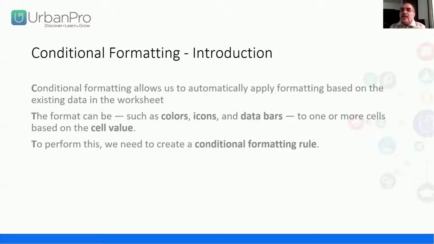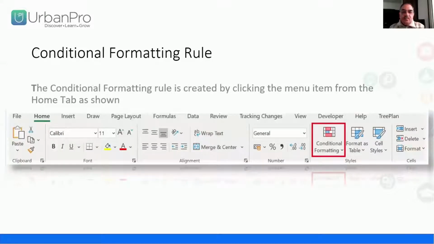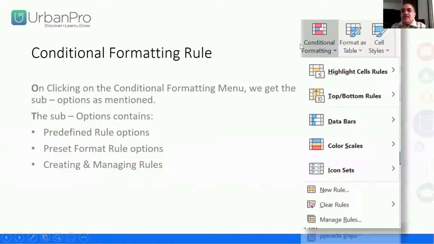Now, how do we go about creating a conditional formatting rule? It is executed when we take the conditional formatting command from our Home menu. From the Home menu, when we go into conditional formatting, we get this drop down.